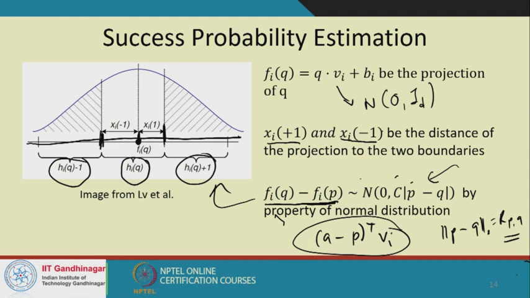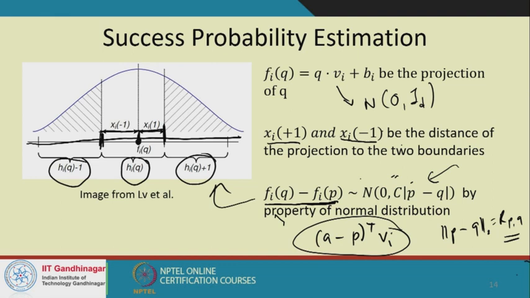So let's say the distance of f_i(Q) to the left boundary is denoted by x_i(minus 1), and the distance of f_i(Q) to the right-hand side boundary is denoted by x_i(plus 1).